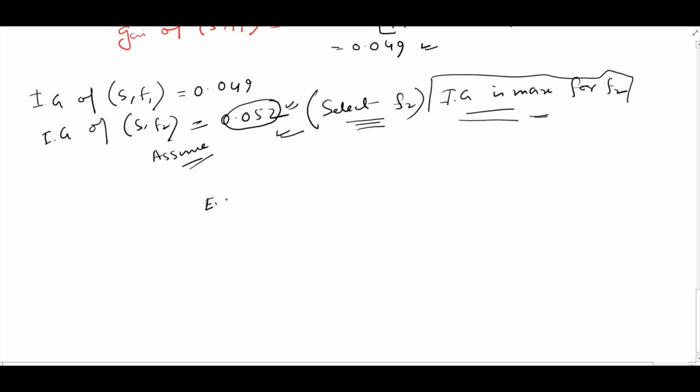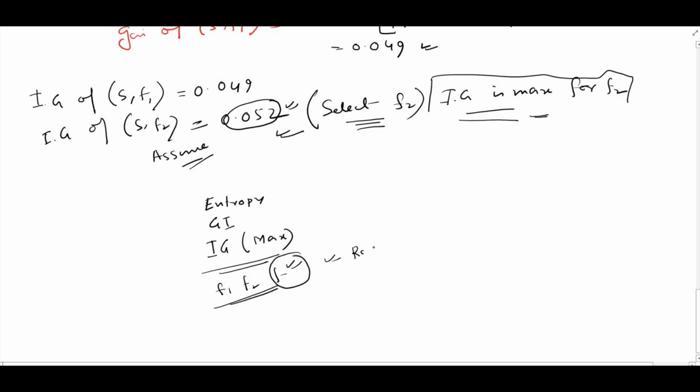What we discussed: we first discussed entropy, then Gini index or Gini impurity, and then using this we calculated the information gain. And remember this: suppose we have multiple features like F1, F2, F3, the max information gain will be selected, and that is the starting point to build the root node and subsequent nodes.